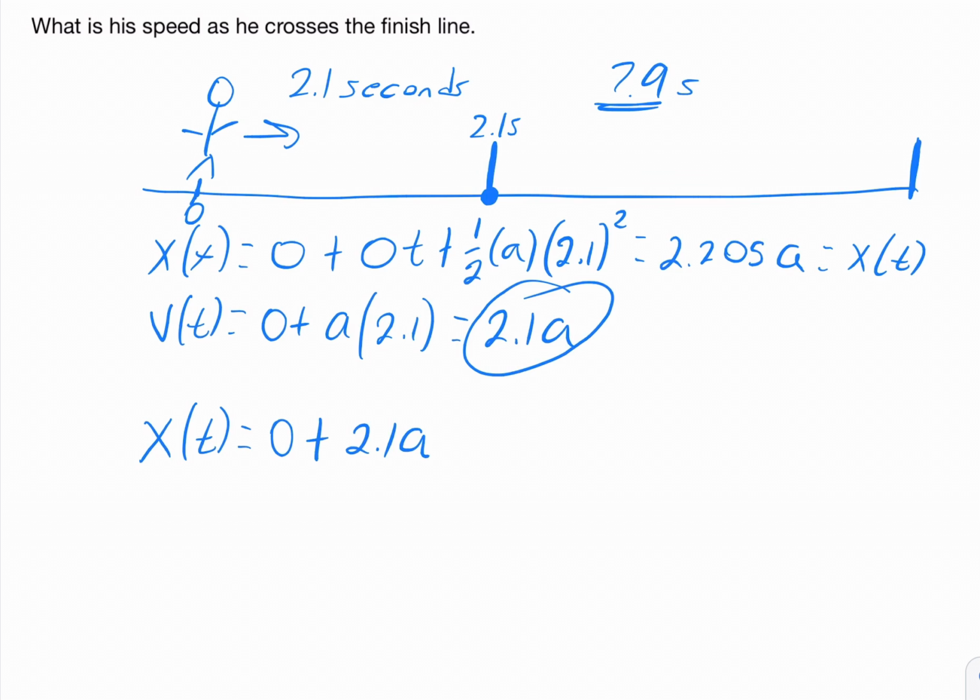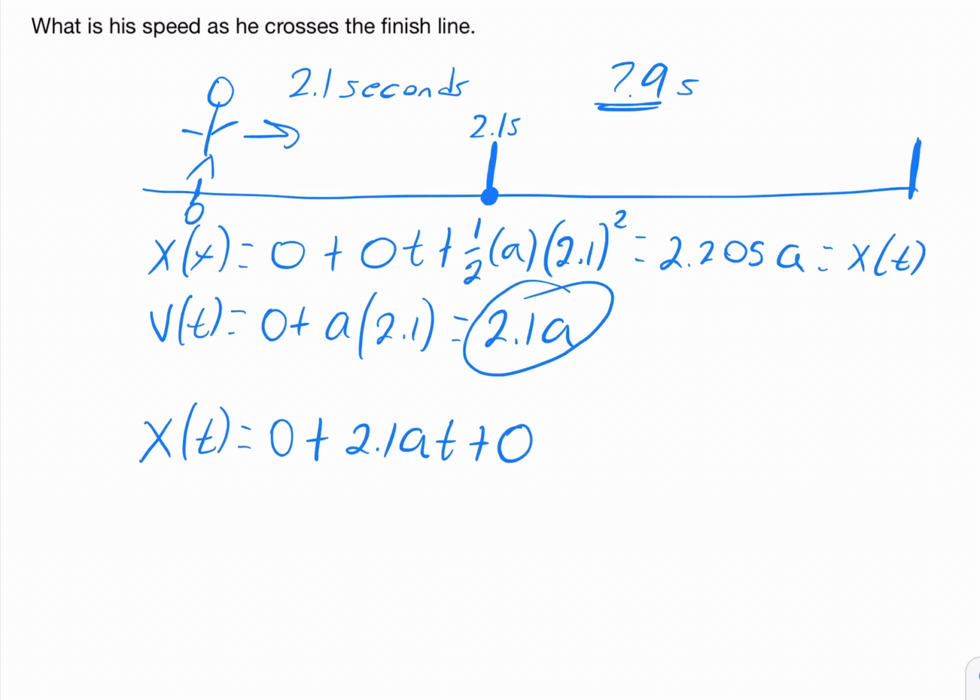His initial acceleration is 0. This is going to be times t.